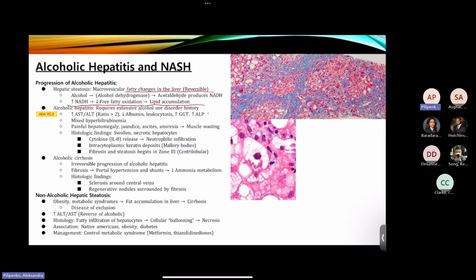And another hepatitis, which is called NASH, or non-alcoholic hepatic steatosis. It's also fatty liver disease, because the umbrella term for those would be fatty liver diseases, right? This is basically associated with obesity or some metabolic syndromes, and we have your basic fat accumulation in liver.